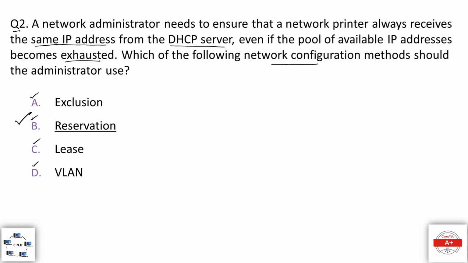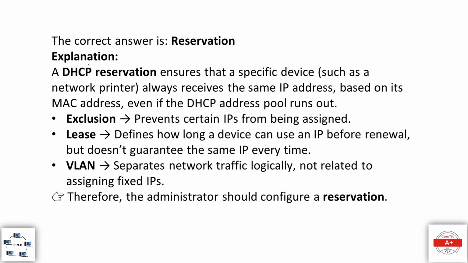Option B, reservation. And the explanation is: a DHCP reservation ensures that a specific device, such as a network printer, always receives the same IP address based on its MAC address, even if the DHCP address pool runs out. On the other hand, the incorrect options are: exclusion prevents certain IP addresses from being assigned, so this is different from reservation.